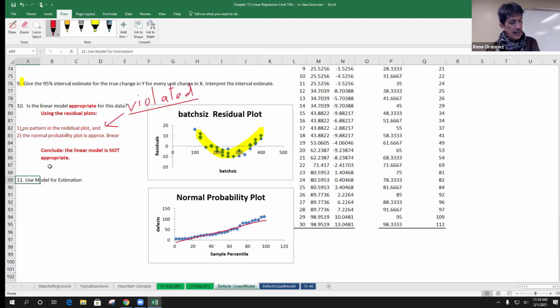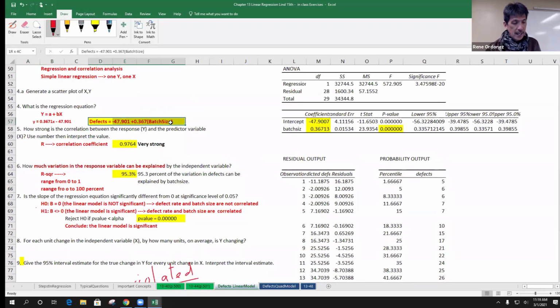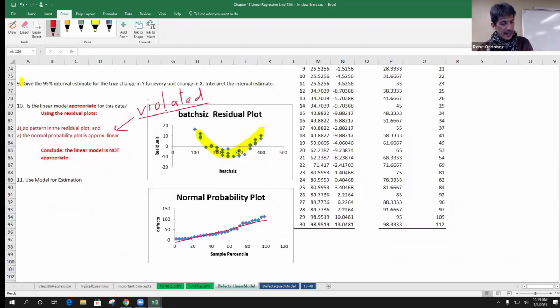If the linear model is not appropriate, we cannot at this point use the linear equation in estimating the defect rate that will be produced by a given batch size. Not yet at this point, because this tells us that the linear model is not appropriate.